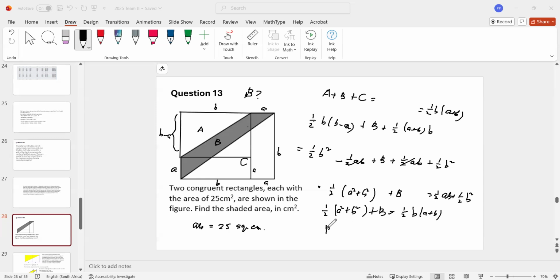Right, so what is B? That's what you're looking for. The half B squared, you can cancel it off here. And so B is equal to half AB minus half A squared.